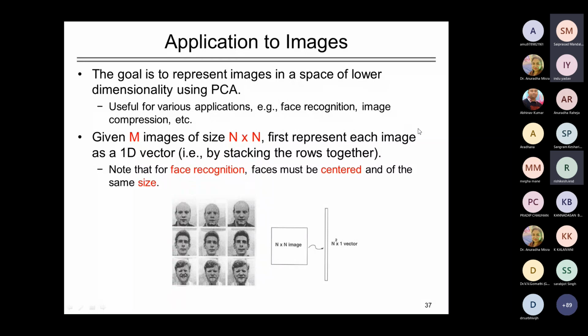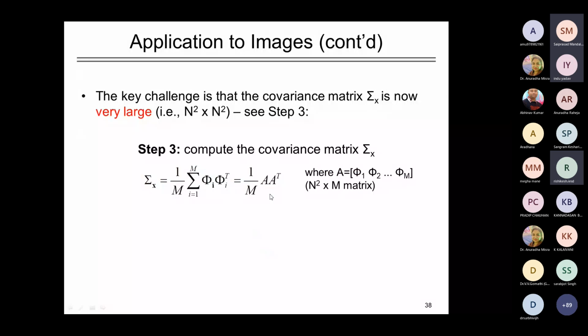First represent each image as a one-dimensional vector by stacking the rows together. Note that for face recognition, faces must be centered and of the same size, like this. The key challenge is that the covariance matrix Sigma is now very large, n square multiplied by n square.